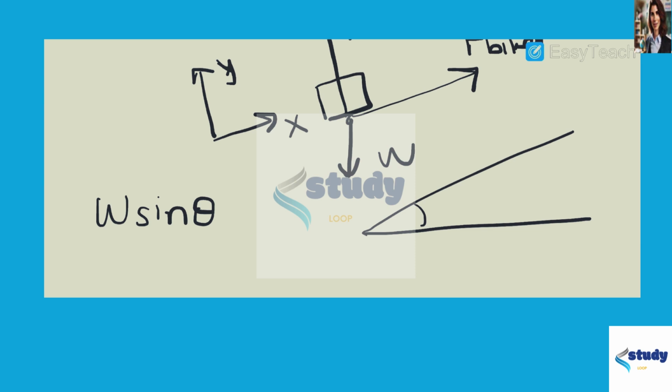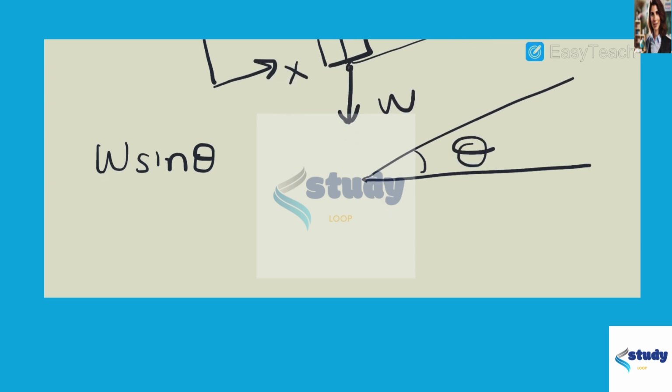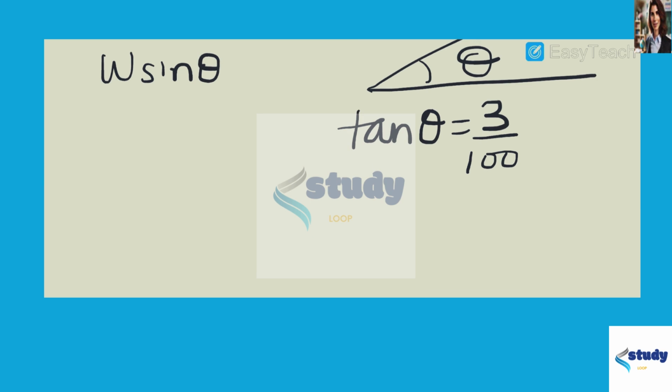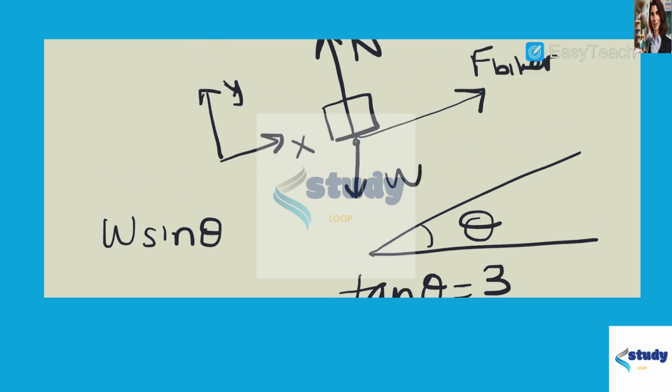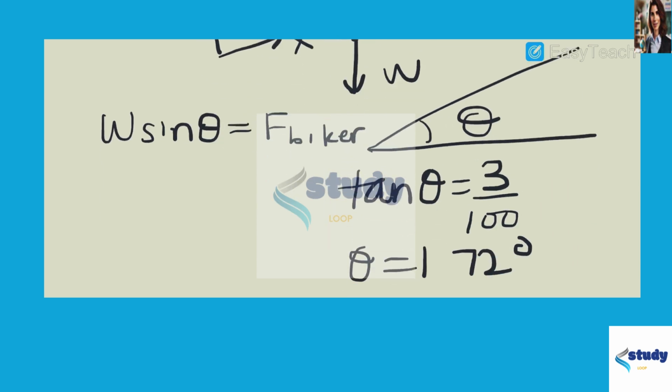So we can solve for theta by saying that tan of theta equals 3 over 100, and this gives us a theta equal to 1.72 degrees. So as I said before, the w sine theta is the component that is being overcome by the biker.